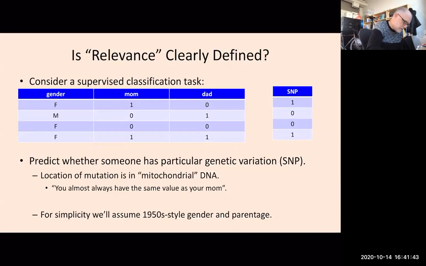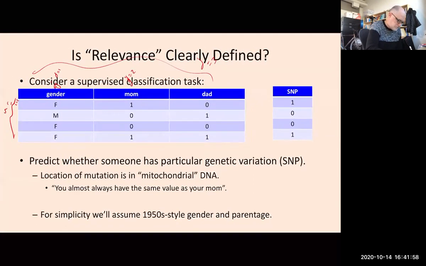Okay, so this is going to be our standard set of items here, and this is going to be item I equals 1, and this is going to be D equals 1 and D equals 2, and J equals, sorry, and this is going to be D long, so D equals 3, N here equals 4. Great. And the task is whether or not somebody has a particular genetic variation or mutation, a single nucleotide polymorphism.